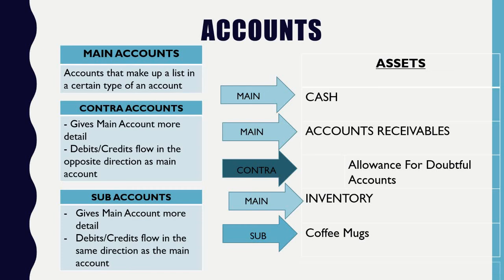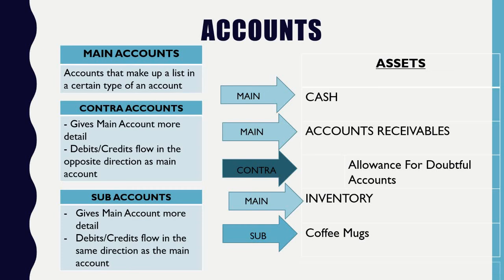If each chapter is split up, then every chapter will have smaller concepts. And we treat this as main accounts, sub accounts, and contra accounts. As we know, a main account is pretty much like the umbrella organization, or a broad type of account. So, for example, a main account could be inventory, right?